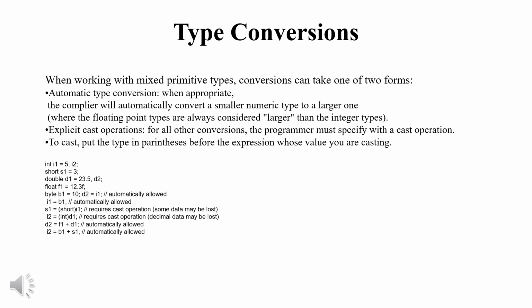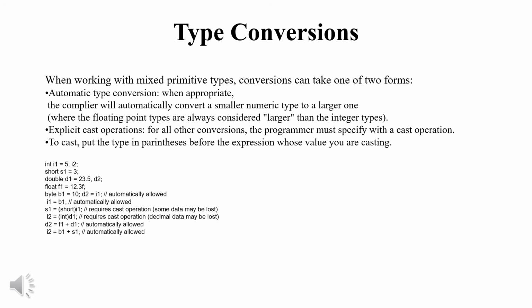So for variables, we had different types, right? We had integer, short, int, long, and we had float and double. So each one had a different size.